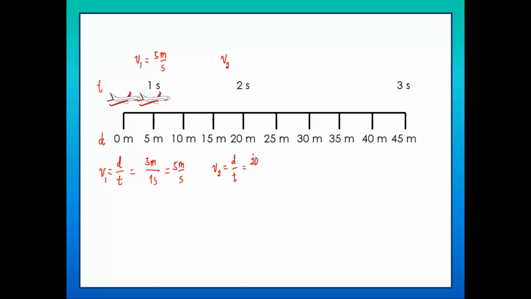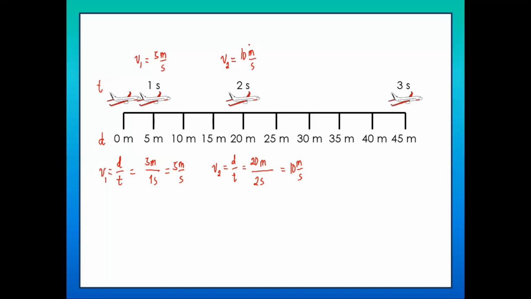Since the airplane moves from 1 second here at 5 meters, moving to 2 seconds at this particular distance, which is 20 meters, we have 20 meters over 2 seconds. Dividing this, we have 10 meters per second. So this is now our velocity number 2, 10 meters per second.